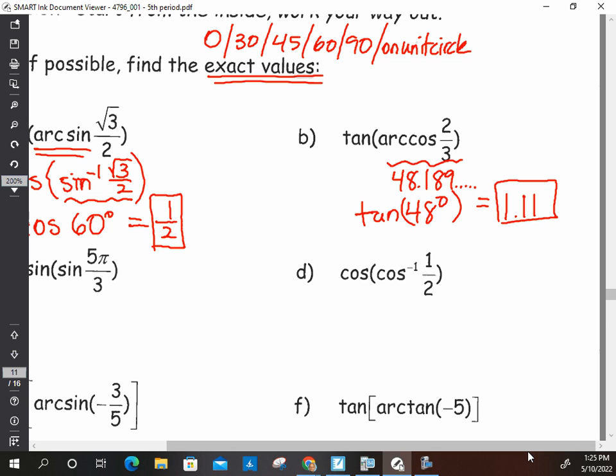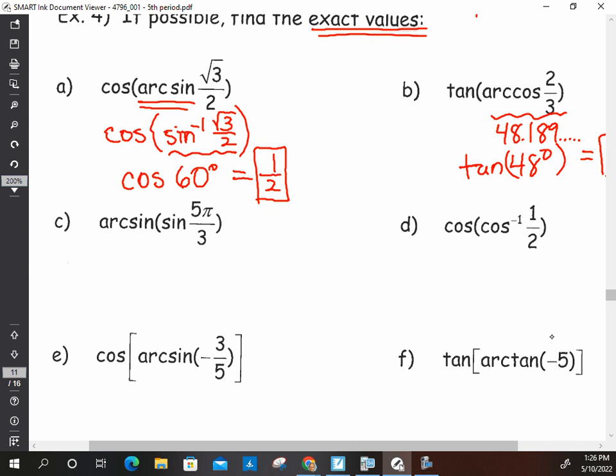So for those of you who are off to the races with C and D, those are probably C, D, and F, the very, very easy examples if you know what those symbols mean. So what does arc sine mean again? That means inverse.